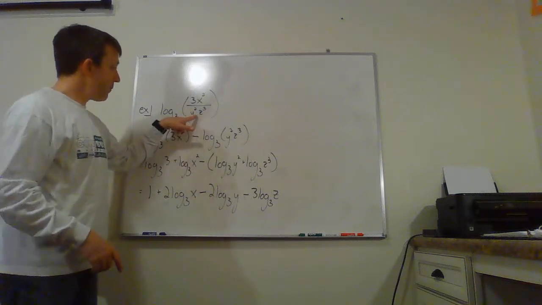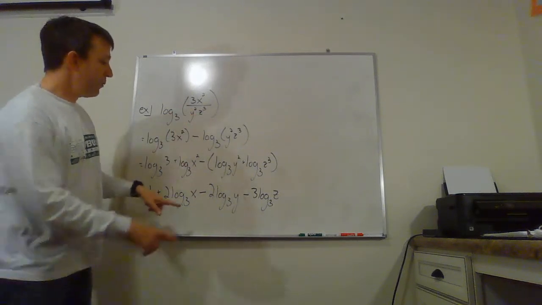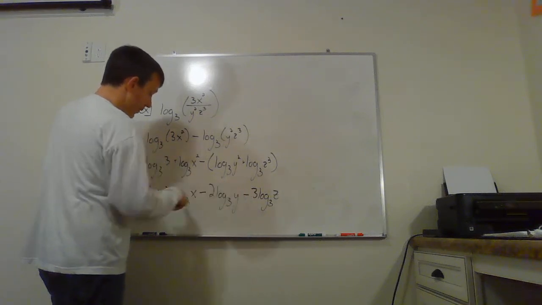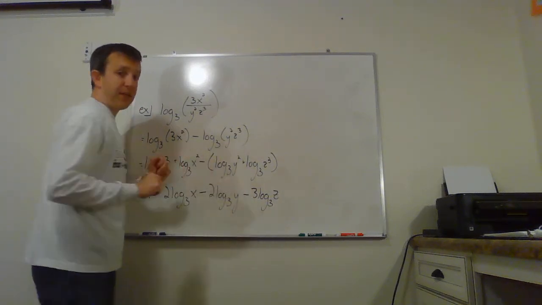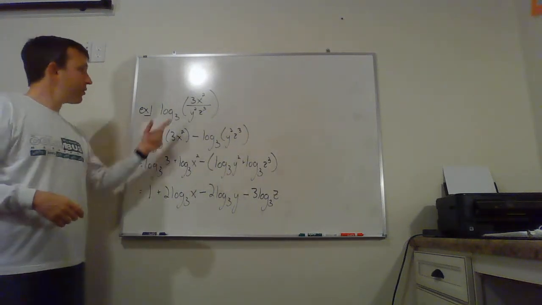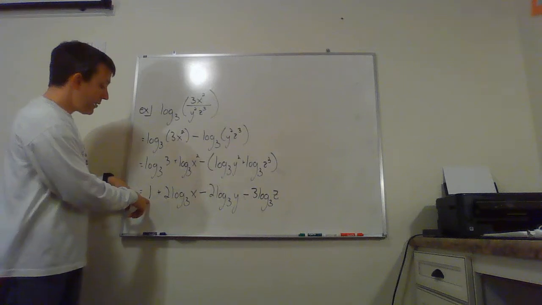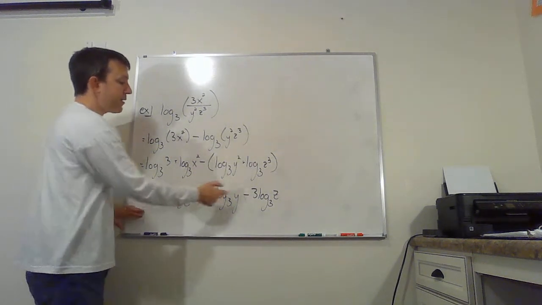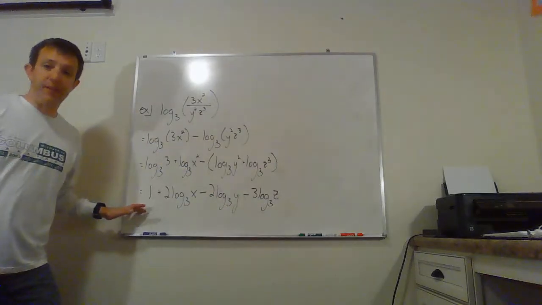The two pieces that were on the bottom, the y squared and the z cubed, here they are, and we did the same thing. We put their exponents in front, but now those have minus signs. And that's really the shortcut. Anything that's on the top, you can just pull it apart, and those pieces will be positive, and anything that's on the bottom will end up with minus signs.